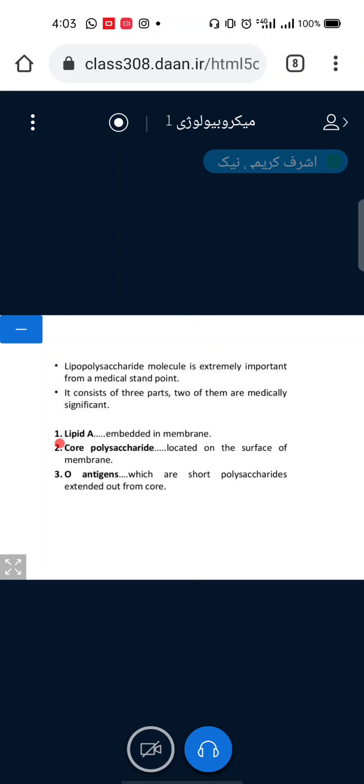1. Lipid A is the toxic part of this molecule. Lipid A is embedded in the membrane. After that, 2. the core polysaccharide located on the surface of the membrane.